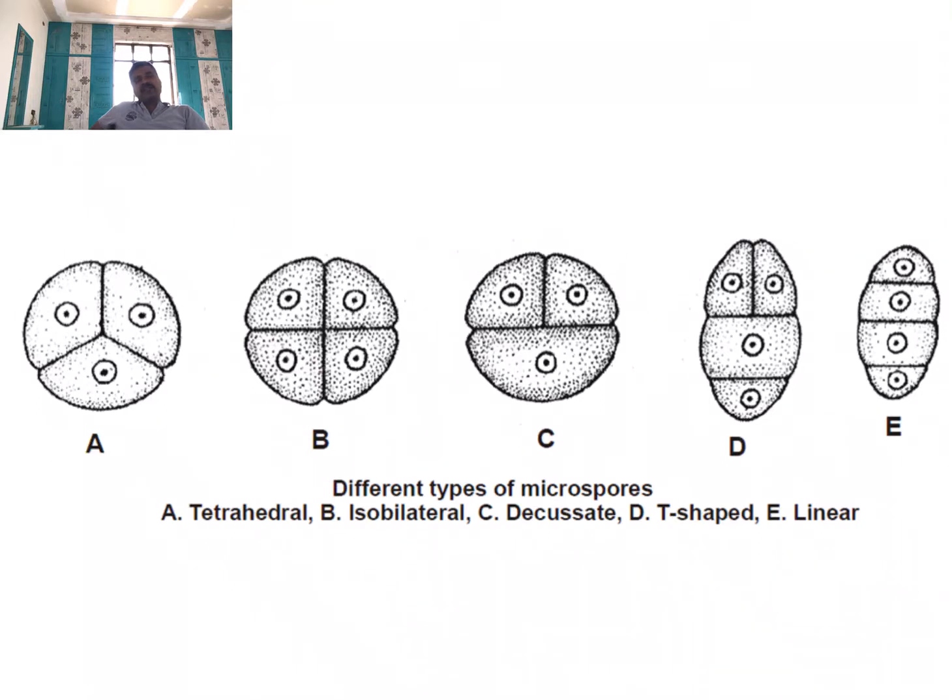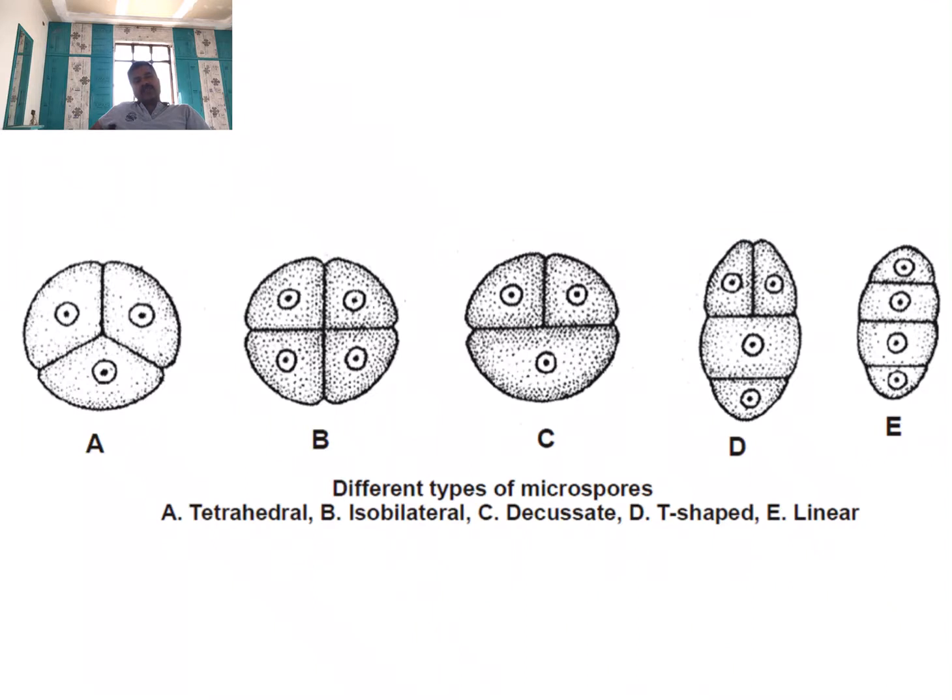Some of the microspores are arranged in a T-shaped structure.